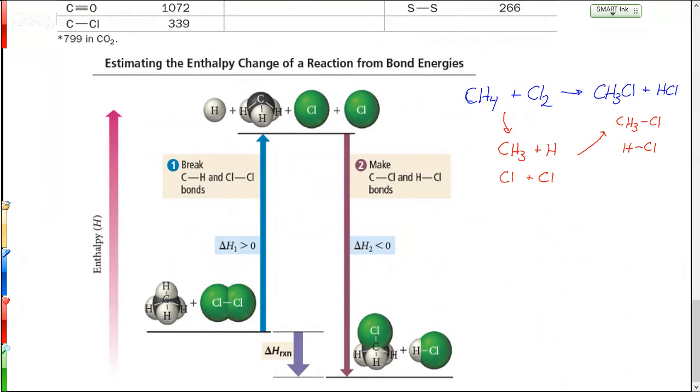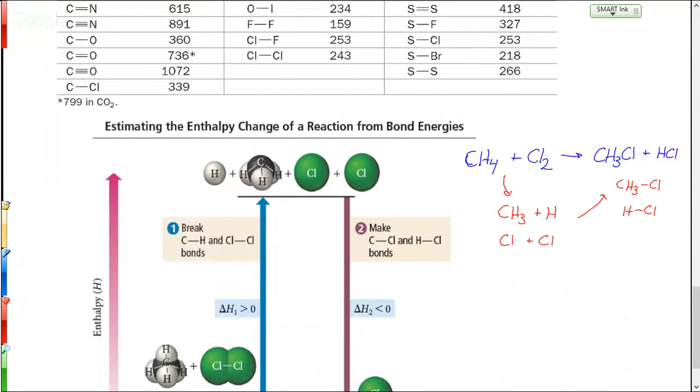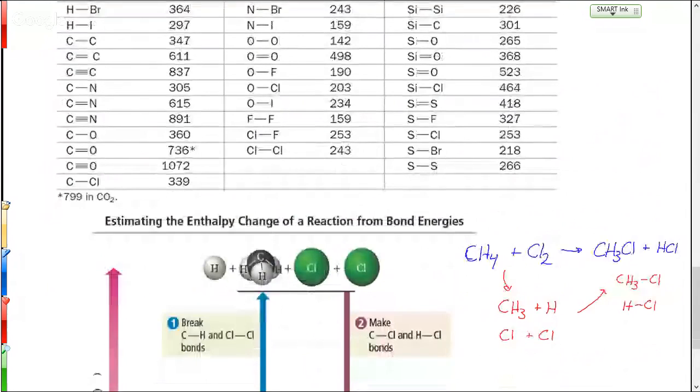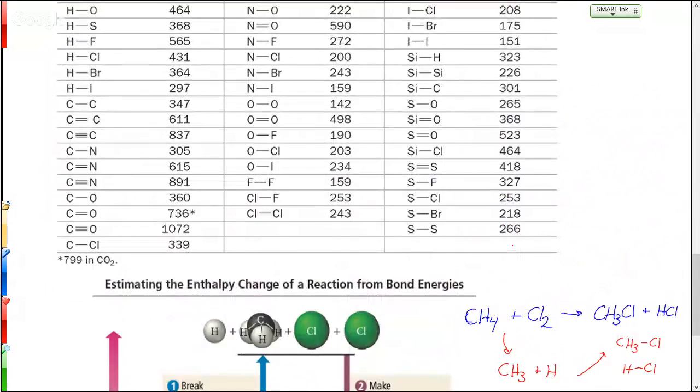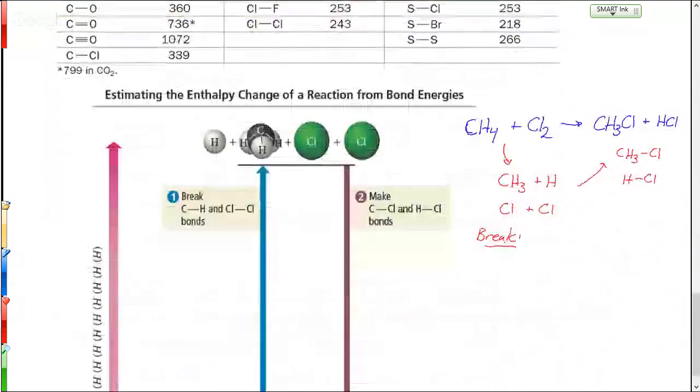All right, so let's look at how we do that calculation-wise. So we say, okay, we're going to break a C-H and a Cl-Cl bond. So we look up those two. We're breaking a C-H bond, which is 414.